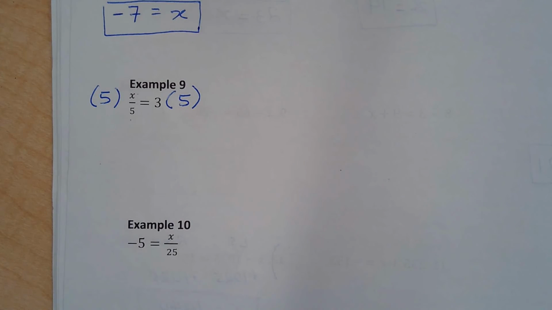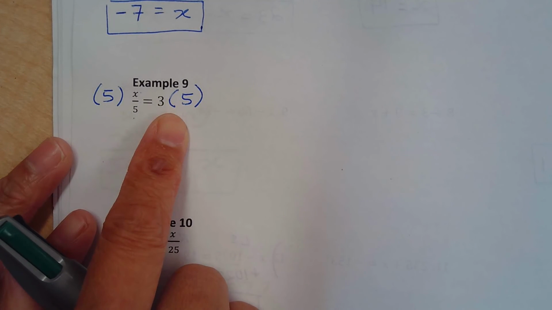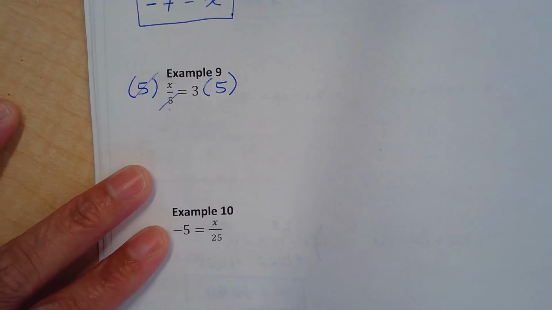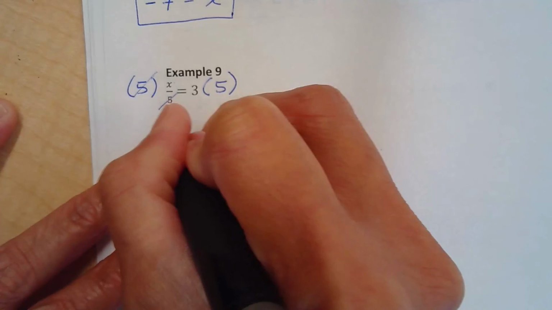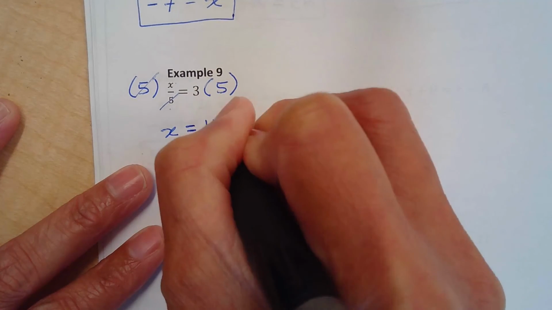So when we do multiplication, we put the brackets instead of the x. So 5 divided by 5 cancel out. What's left over? X is equal to 15.